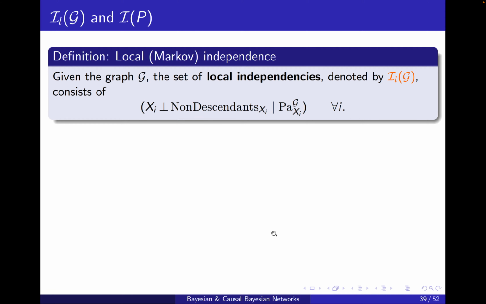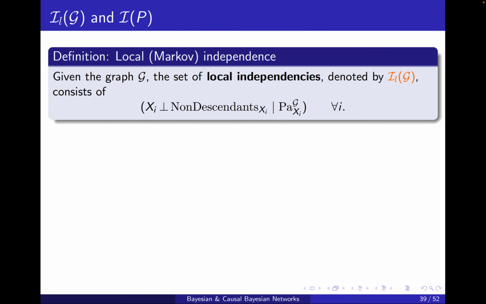Given a graph G, the set of local independencies denoted by IL, L stands for local, of G, these will be in this form: Xi being independent of its non-descendants given the parents. Now note that this only depends on the graph. I'm not talking about probabilities here yet. Just if I give you a graph, you can write down these conditional independencies for every one of the nodes.